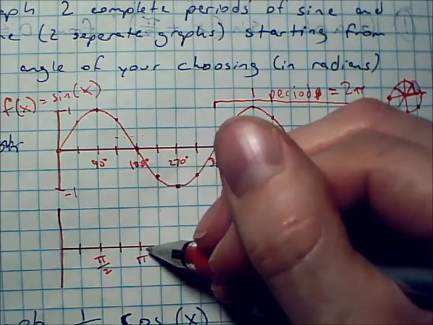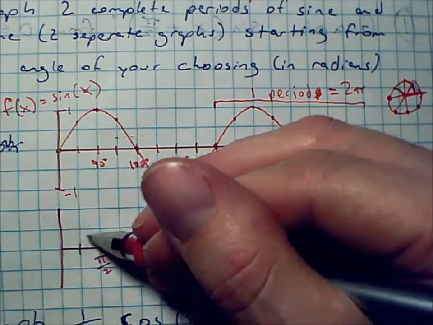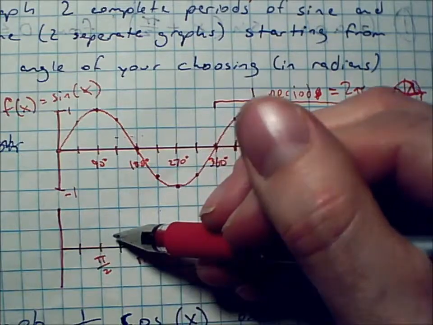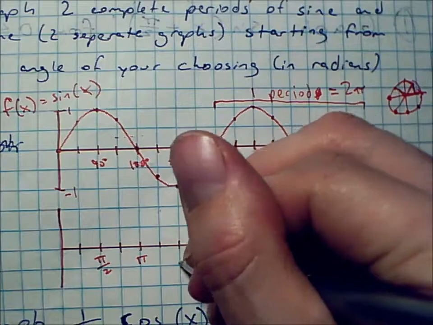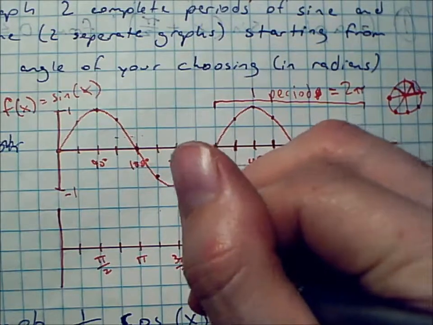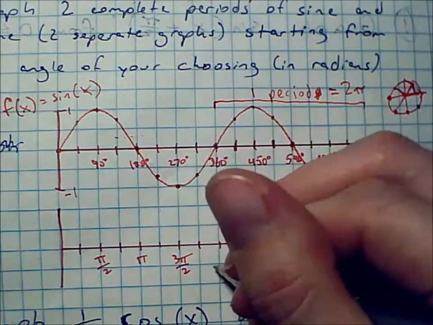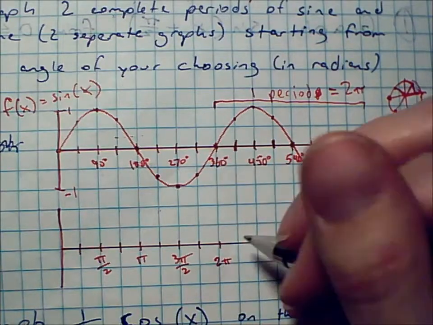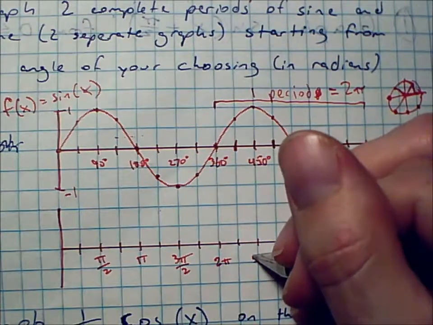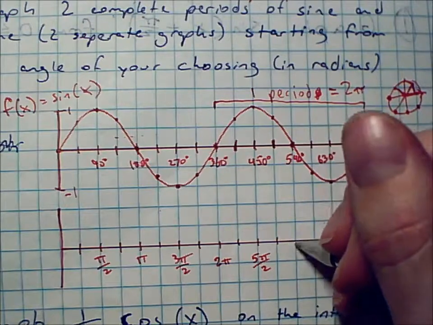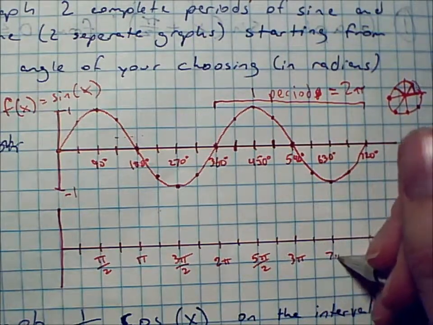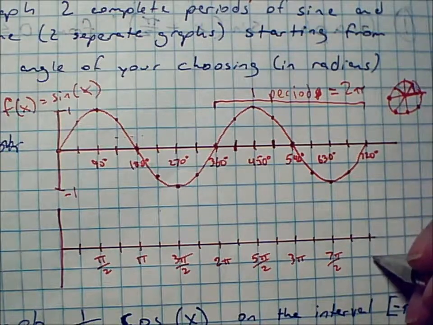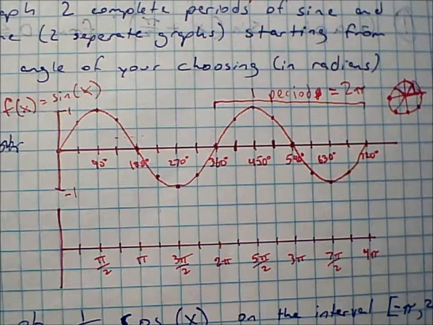But I'm going to go ahead and put a dash in between each one, which would be, say, 1/4. So this would be 1/4, 2/4, 3/4, 4/4 of pi, etc. So there's 3 pi over 2, 4 halves of pi, which would be 2 pi, 5 halves of pi, 6 halves of pi, 7 halves of pi, 8 halves of pi. It's actually easier to count in radians. Okay.